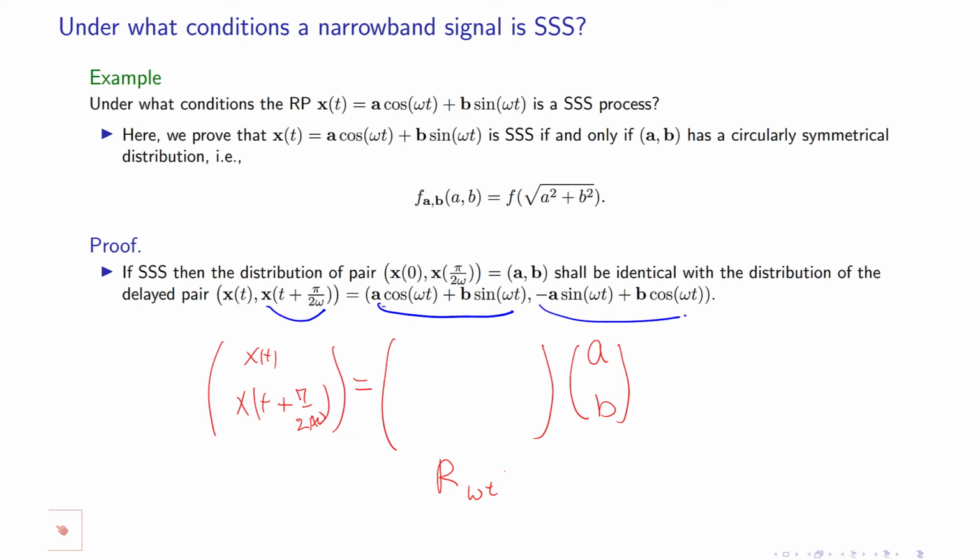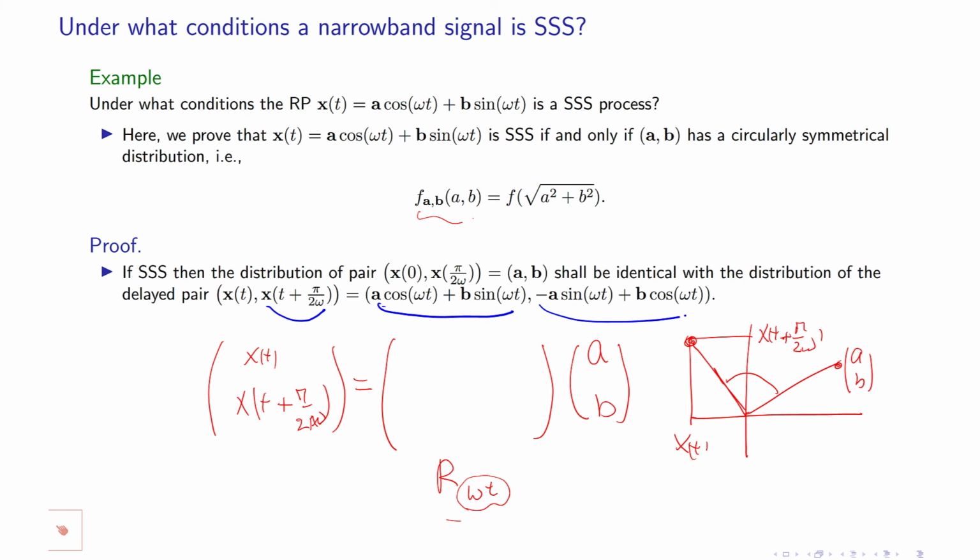That means that if you take the random pair with coordinates A and B, and rotate it by the angle omega t, the x coordinate will become x of t, and the y coordinate will become x of t plus pi over 2 omega. Because if my distribution is circularly symmetrical, this rotation will not change the distribution.